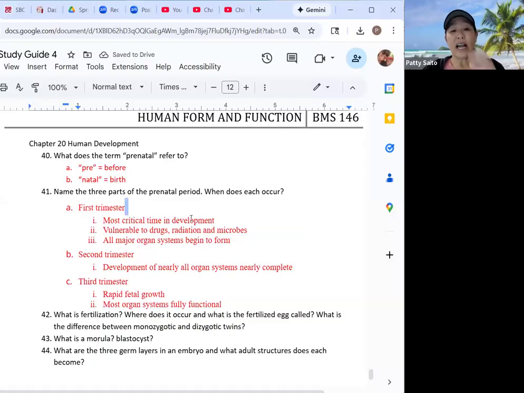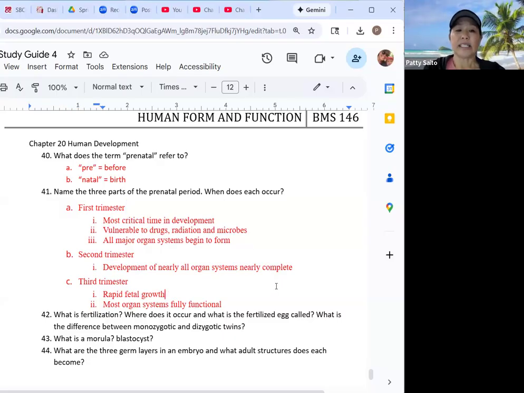So we divide the prenatal period into three, what we call trimesters. The first trimester is actually the most critical time in development. This is where a lot of the tissues and organs are forming, and it's very vulnerable to drugs and other conditions, microbes, infections, radiation, things like that.